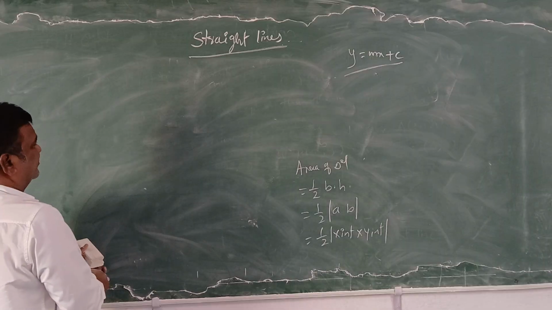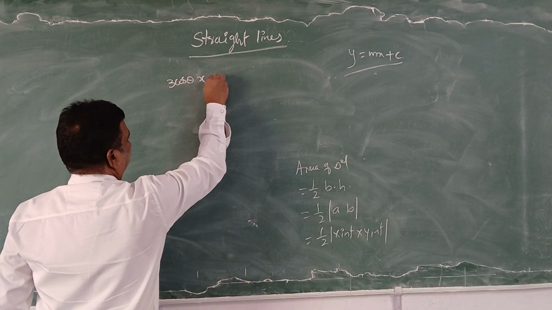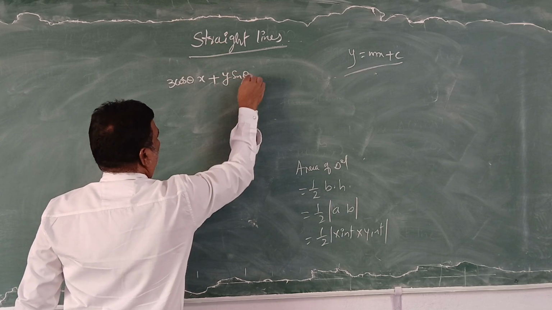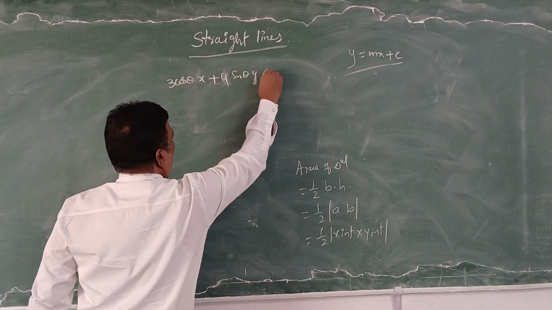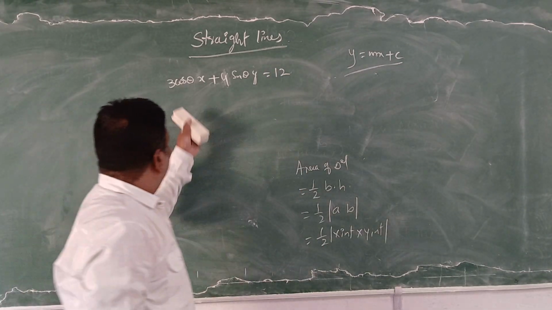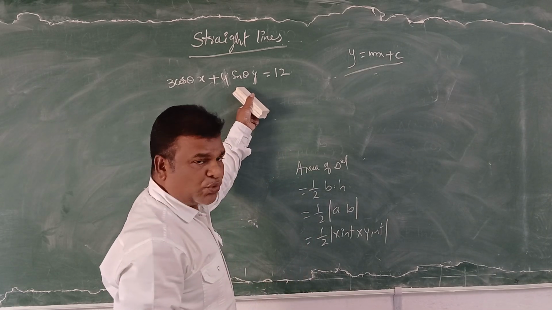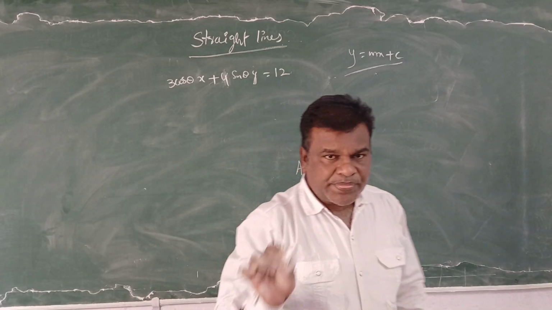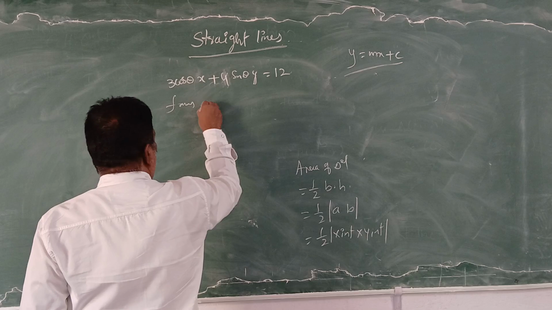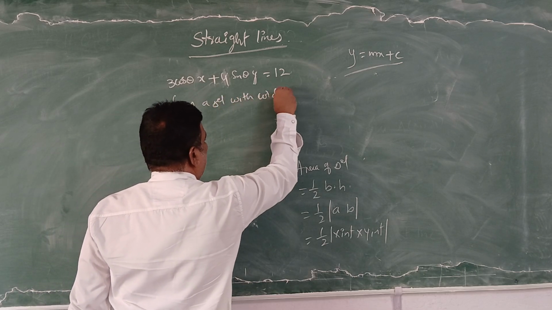See, 3 cos theta into x plus 4 sin theta into y is equal to 12 forms a triangle with the coordinate axes.